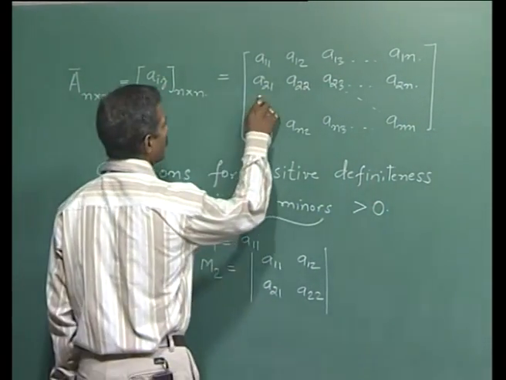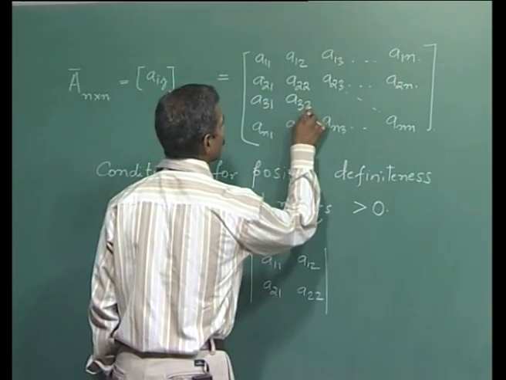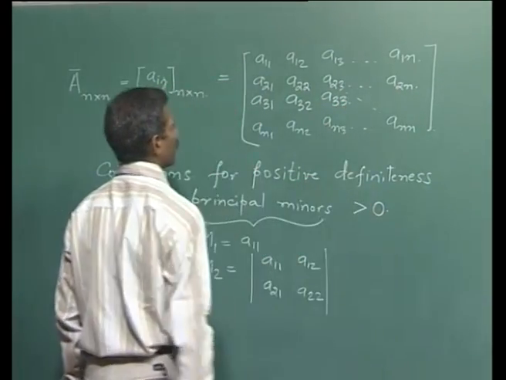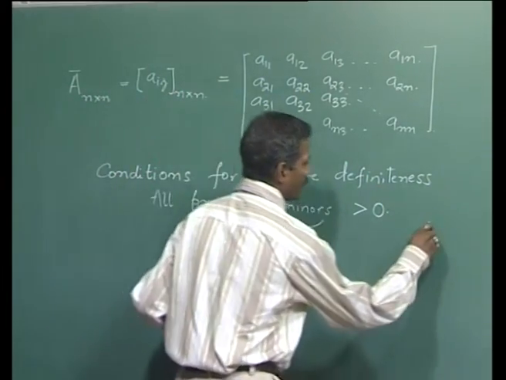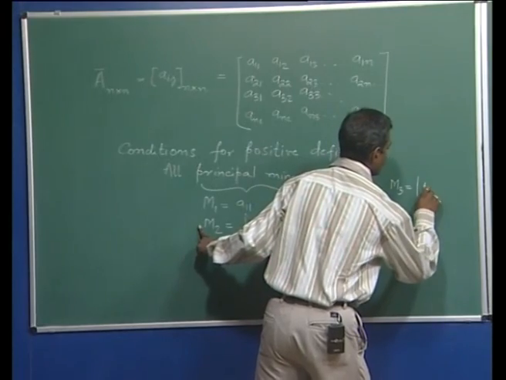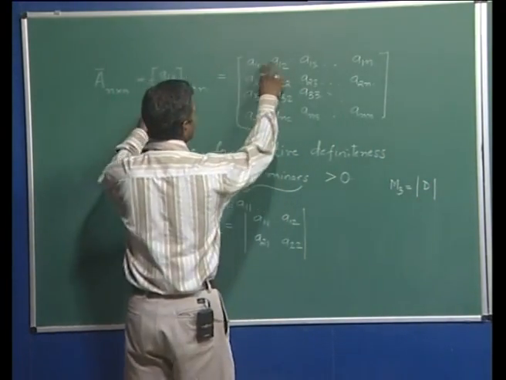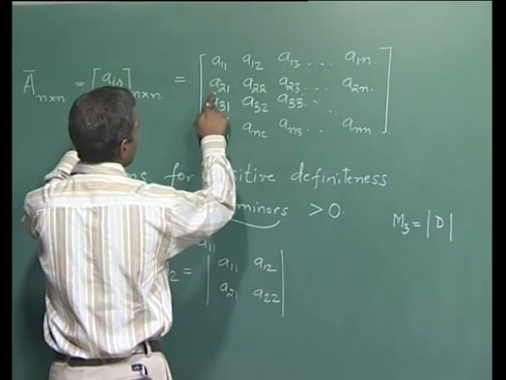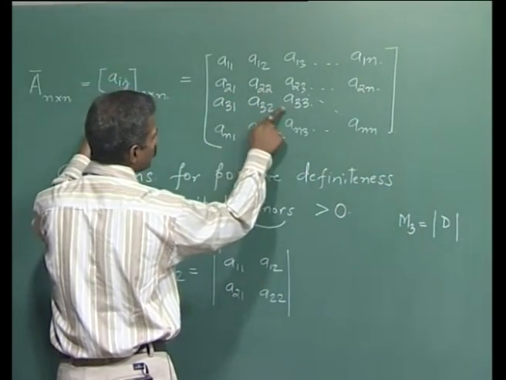If I write the third row here, the third principal minor, M3, will be the determinant of this 3 by 3 matrix: A11, A12, A13, A21, A22, A23, A31, A32, A33.